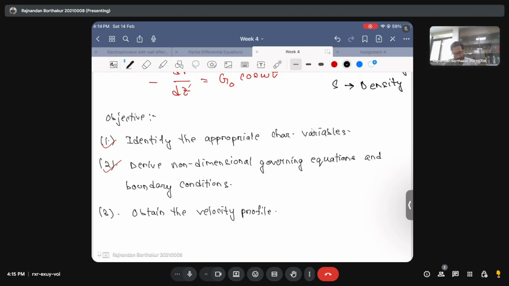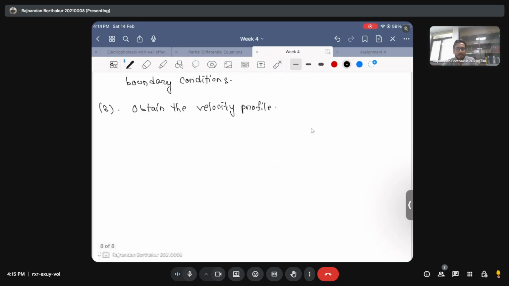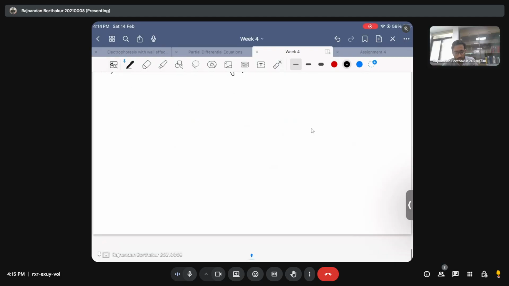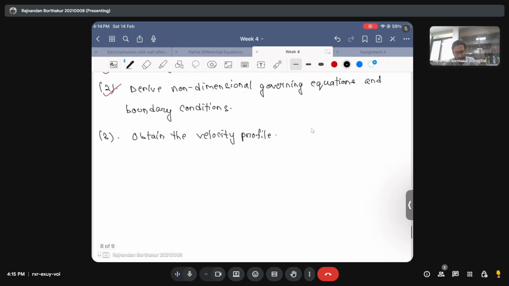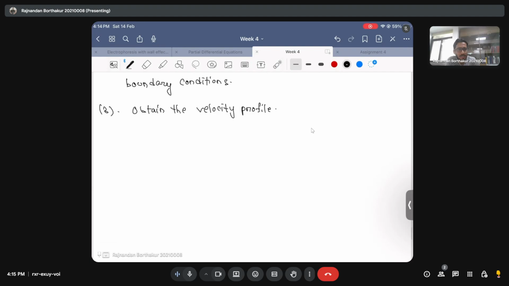So let's get started. I believe you all know the drill. We should typically start off from the assumptions, but as I said, we have been doing this repeatedly, so I'll not write down the assumptions, but you all know what they will be for this case. For instance, it is going to be a fully developed flow, and there are no body forces and things like that.